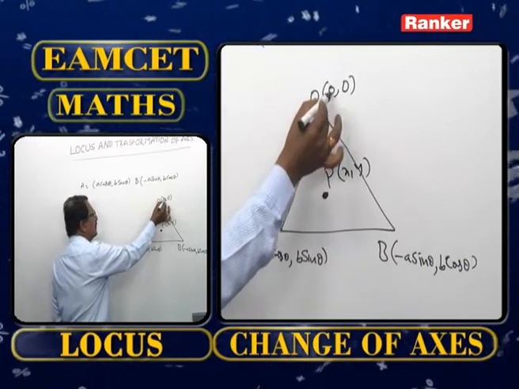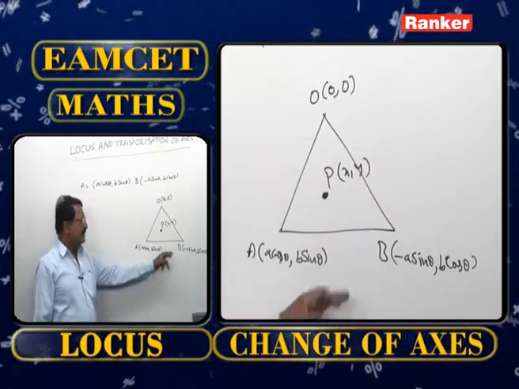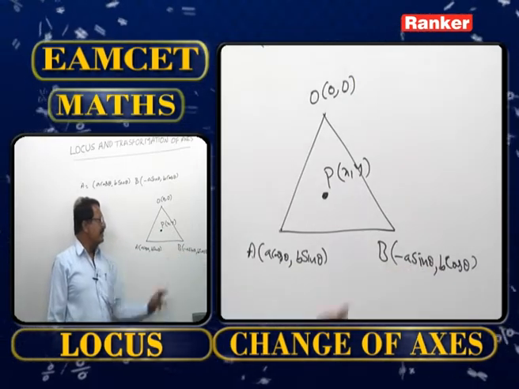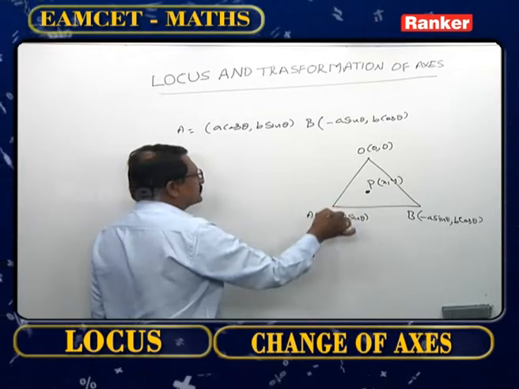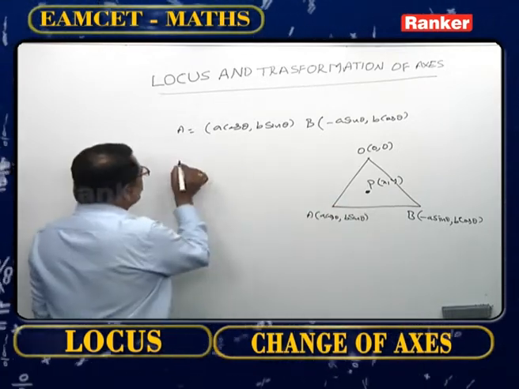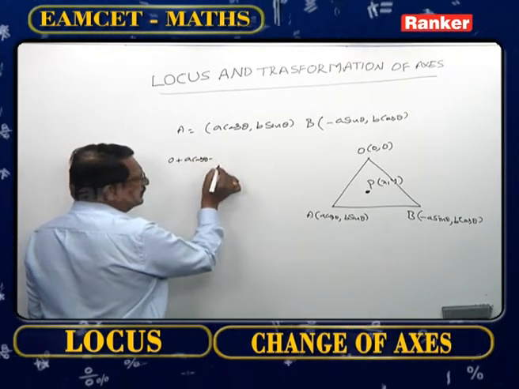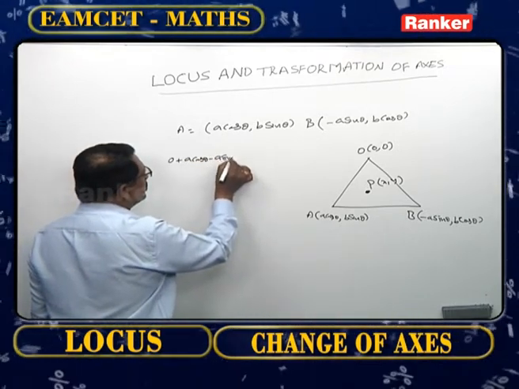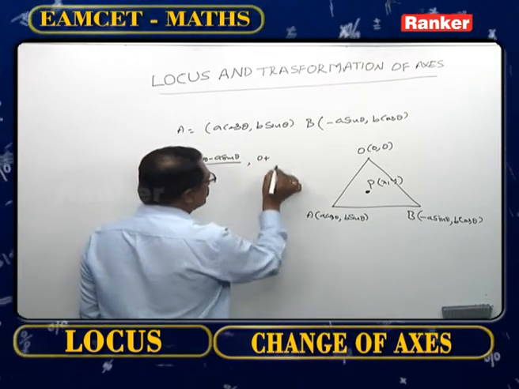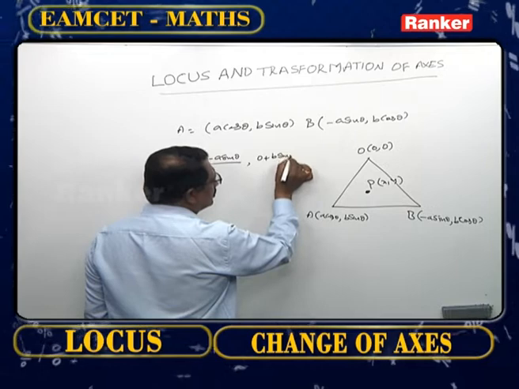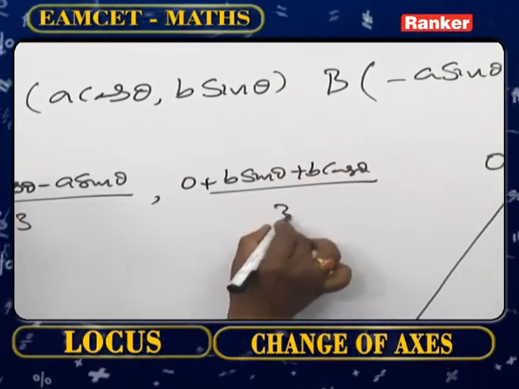Now, using the points O(0, 0), A(a cos theta, b sin theta), B(minus a sin theta, b cos theta), the centroid of the triangle is (x1 plus x2 plus x3) by 3. So, (0 plus a cos theta minus a sin theta) by 3, comma (0 plus b sin theta plus b cos theta) by 3.